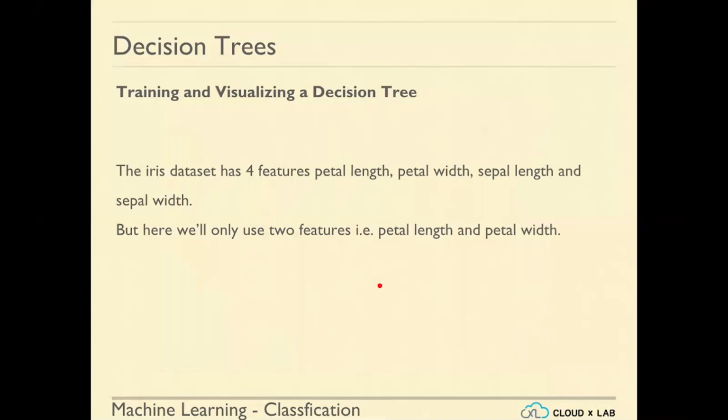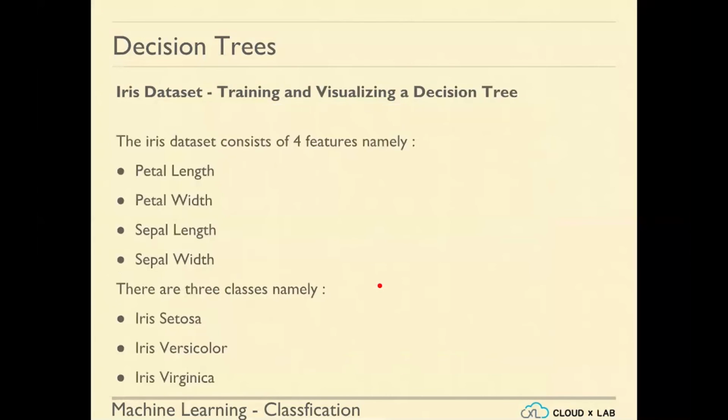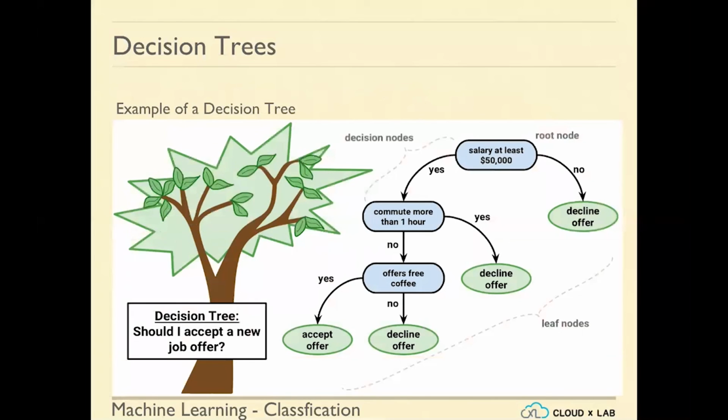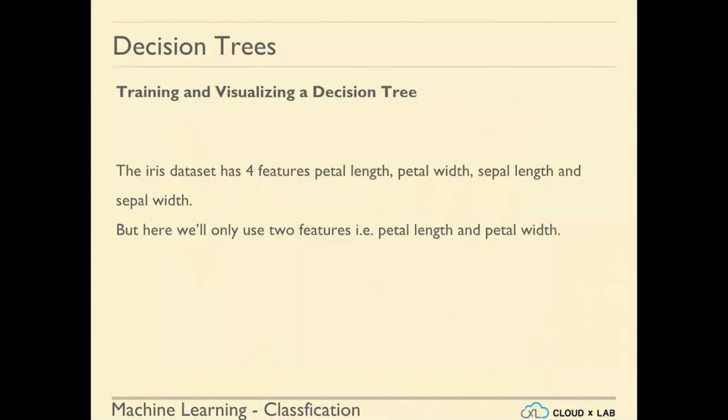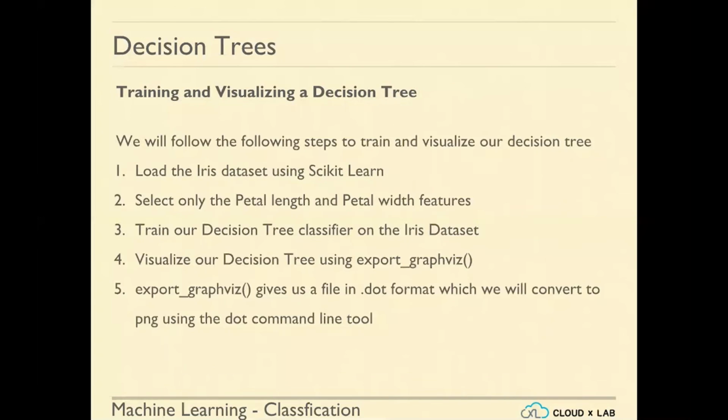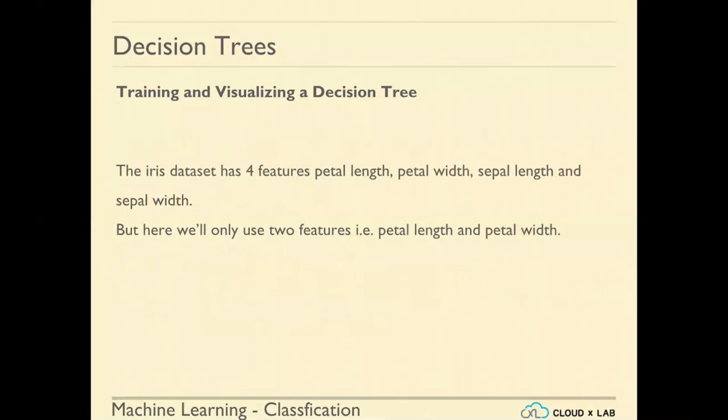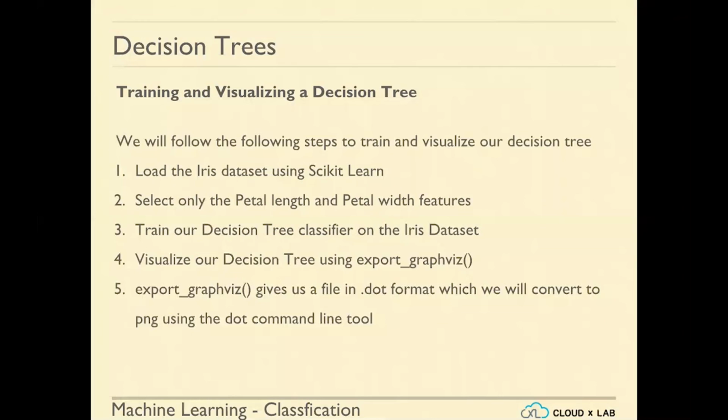All right, so it might sound very strange how we will fit our data into this tree. How will we fit this kind of data? That's what we're going to learn as part of this. This iris dataset has these four features, and right now we are going to use only the petal length and petal width. We'll see the other features later.